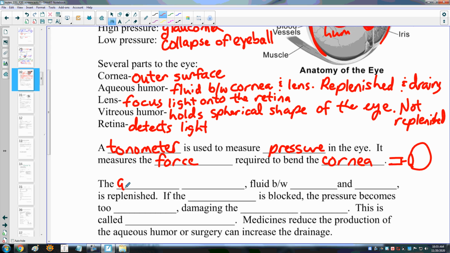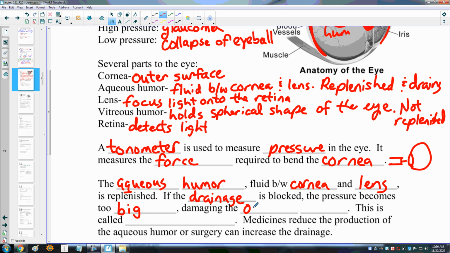The aqueous humor, which remember, this is the fluid between the cornea and the lens. I think I labeled it as number 2 up there, is replenished. And if the drainage is blocked, the pressure becomes too big.